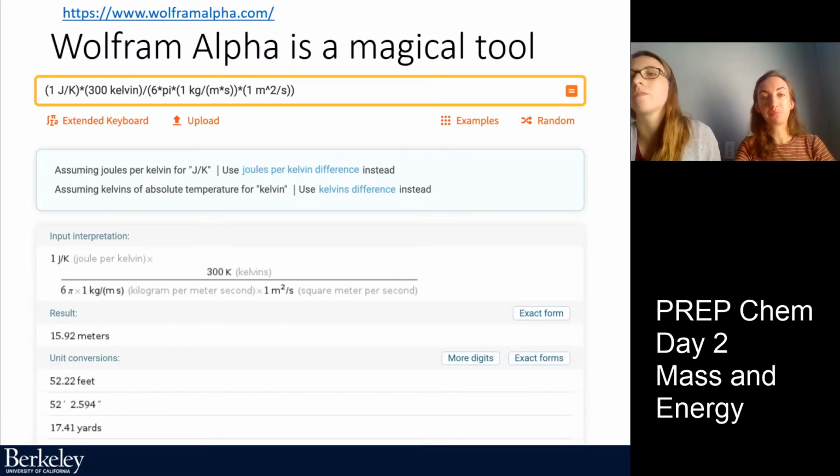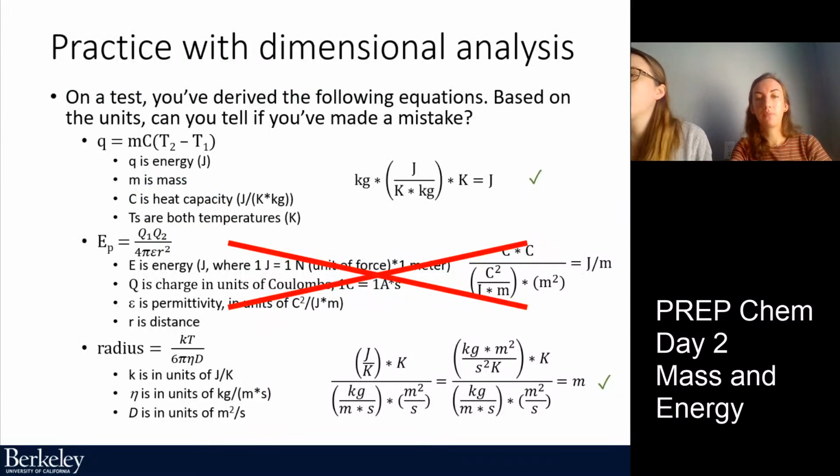So what you can do is type into the search bar anything you want. You can have it solve an equation for X. It's really intuitive. So what I do all the time is, for example, for that equation we just solved, I have 1 joule per Kelvin, and I just make up numbers. Going back to this equation, where we have joules per Kelvin times Kelvin, I just assume some value of 1 joule per Kelvin and 300 Kelvin.